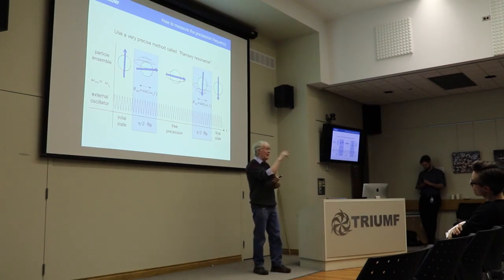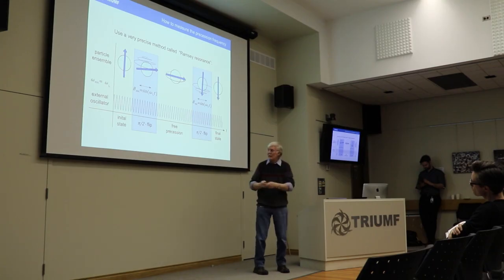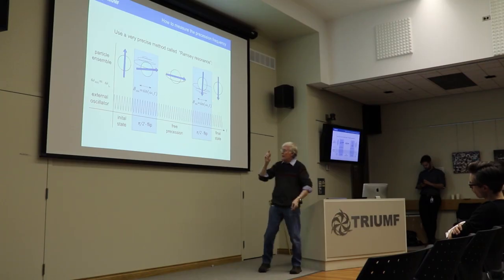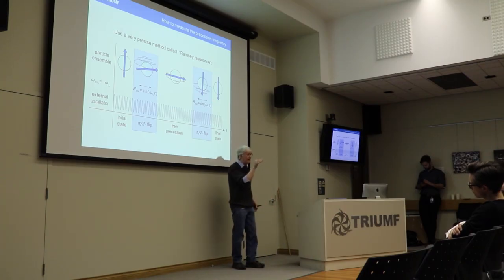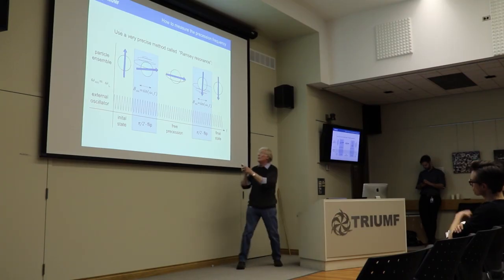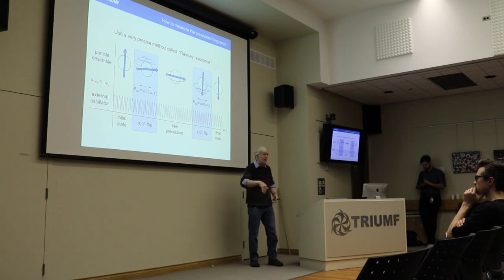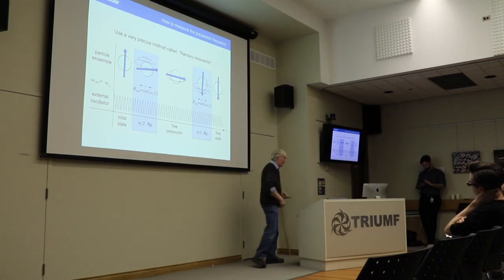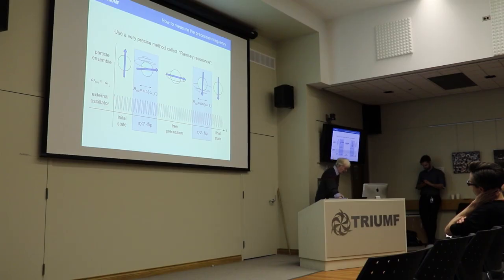You can work out how fast it's precessing, and then you apply an external oscillating magnetic field, and you go through this series of spin flips. And if you hit the frequency right on, then the neutrons end up all pointing straight down. So you do the Ramsey resonance drill, and if you've got the frequency right on the button, they're all going to be down. And if not, you've got to try again.